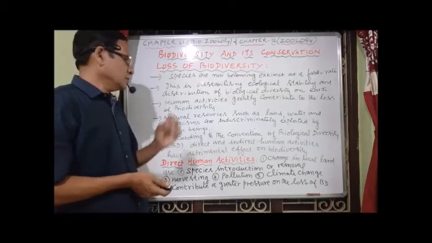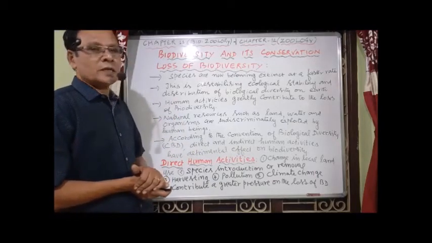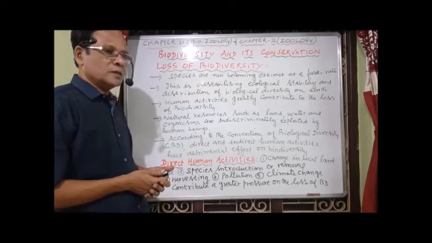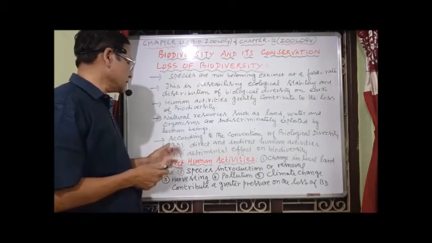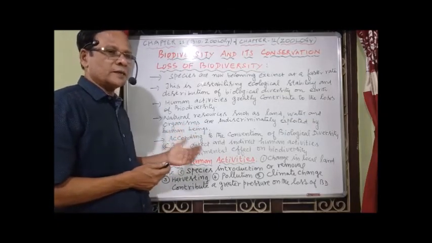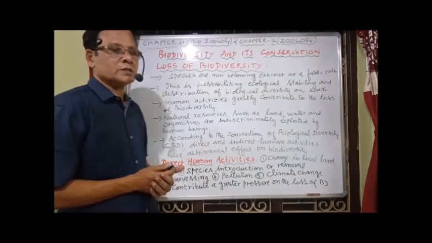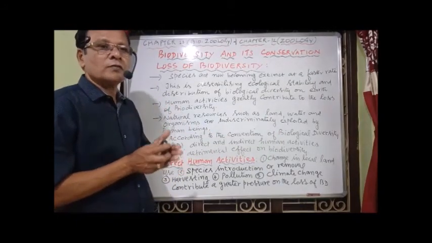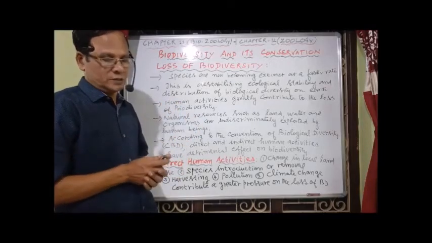Now we have the Convention on Biological Diversity, held by different countries every year in different places. That is called CBD. According to their report, direct and indirect human activities have a detrimental or harmful effect on biodiversity.